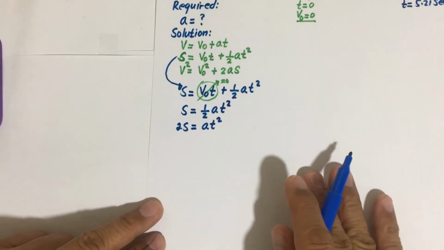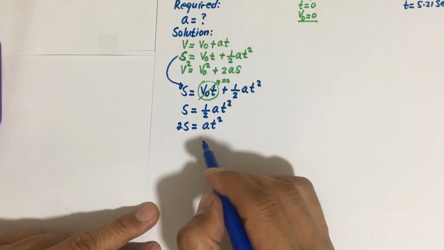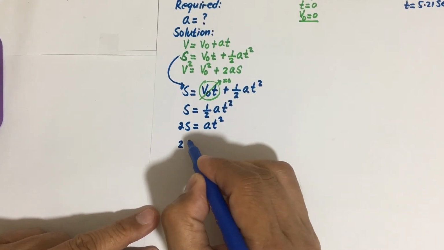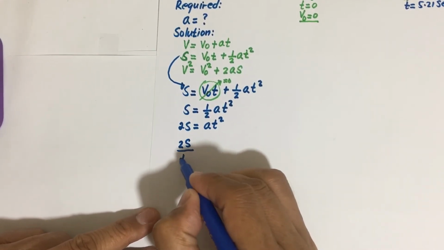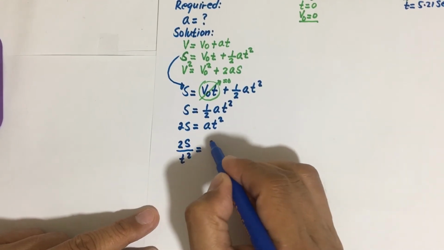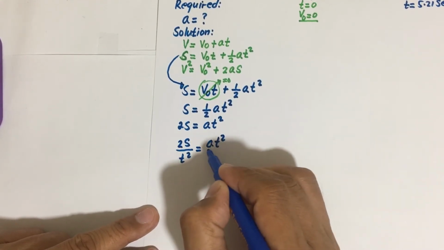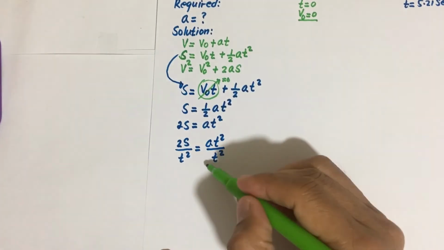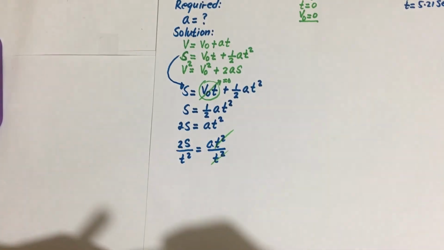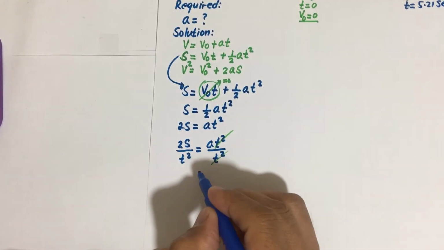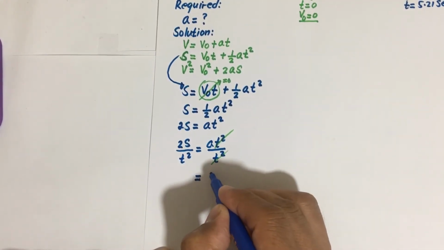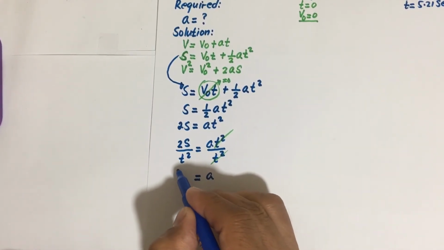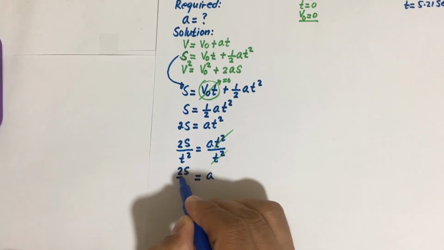Now to solve for a, we divide both sides by t squared, so we have 2s divided by t squared equal to a t squared divided by t squared. t squared divided by t squared is equal to 1. So on the right side, we have a, which is the item that we are looking for, and we have 2 times s on the left side divided by t squared.